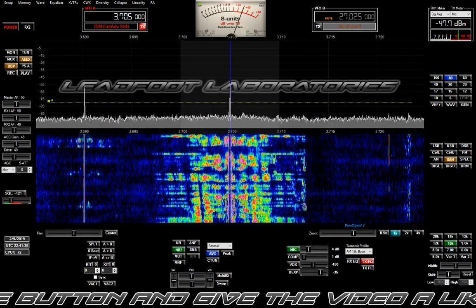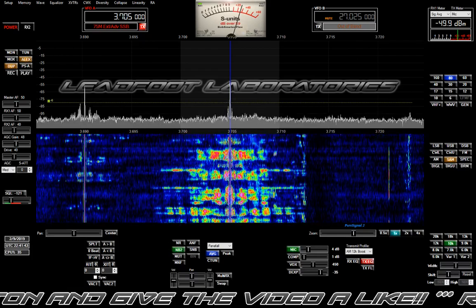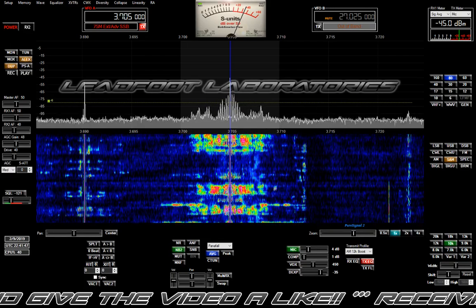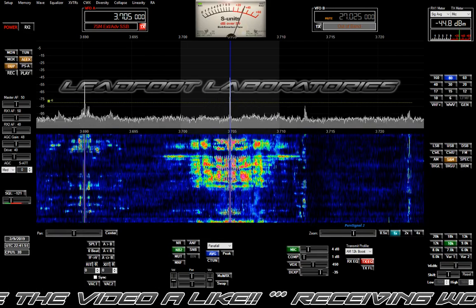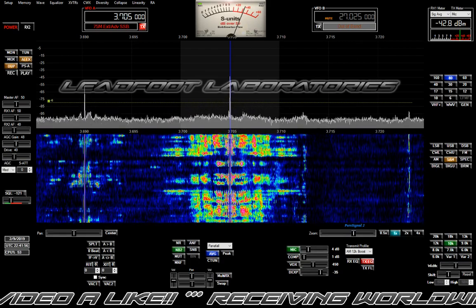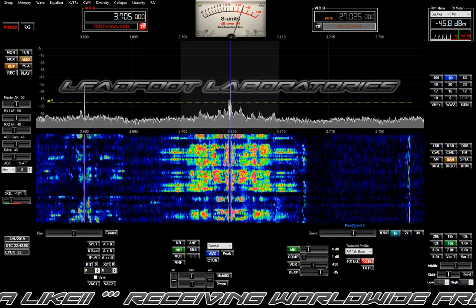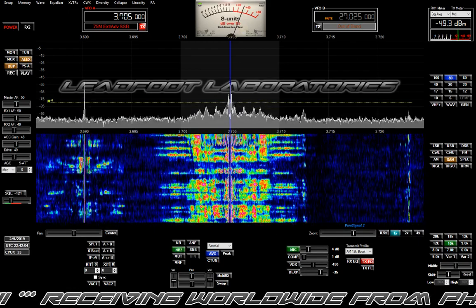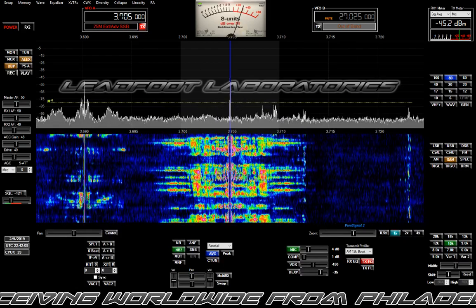And where I'm going with this, if I remember correctly, WOR may have been one of the first 50 kilowatt stations to go with a directional antenna. And I think it was to protect a station up in Toronto. I doubt if it was CBL, because CBL is on 740, and WOR, I think, is on 710.